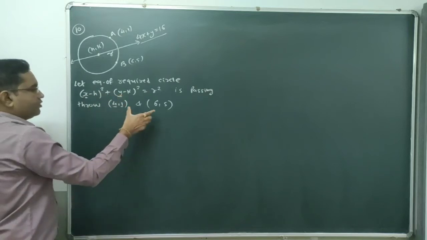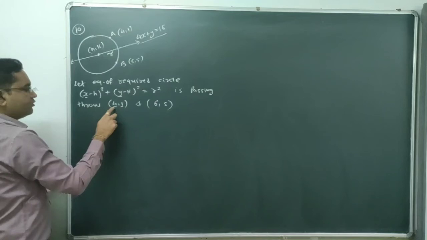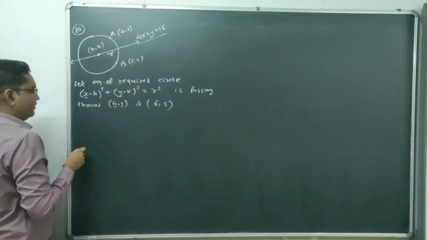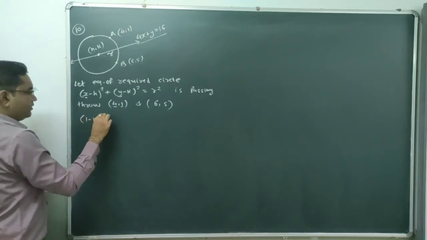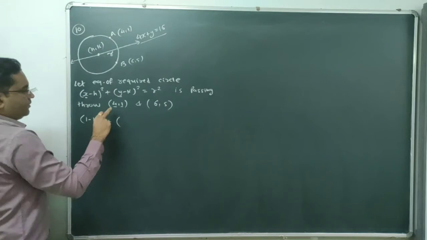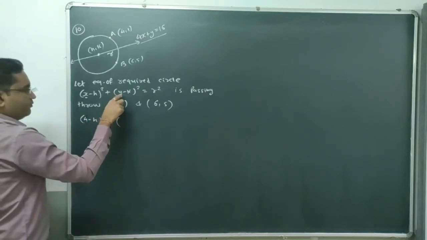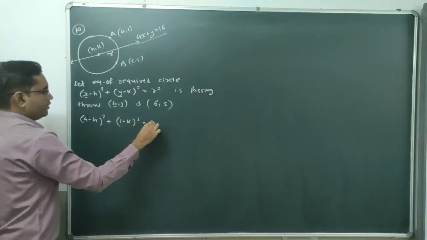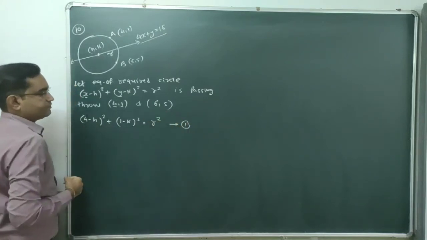Done. So from these 2 points we are getting 2 equations. This equation of circle is passing through the point 4 1, so 4 1 will satisfy our equation, and therefore we can write 4 minus h whole square plus, put y equal to 1, 1 minus k whole square equal to r square. Let's say this is equation number 1.